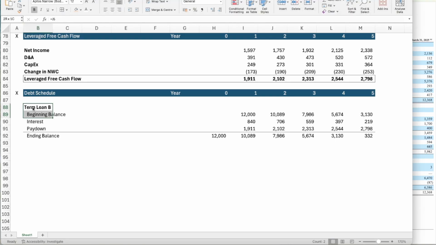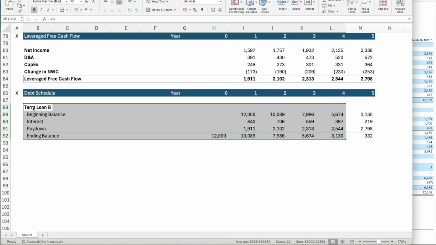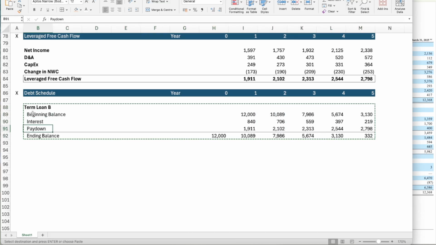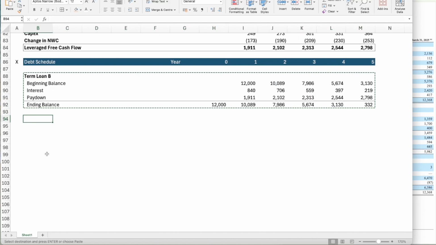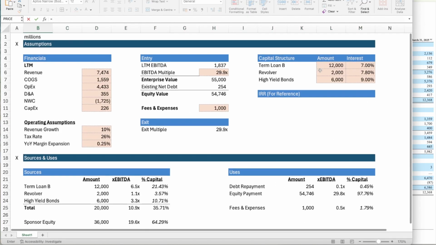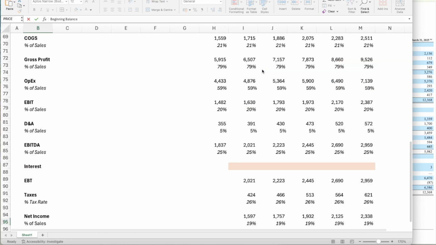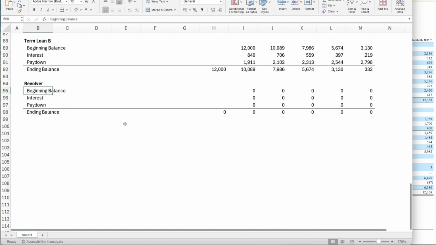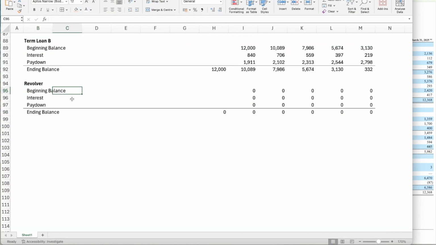Make that bold. Then we're going to copy this again. There are adjustments that we need to do because we order these in terms of priority. So the term loan B gets paid back first, then the revolver, and then the third one, the high yield bond.